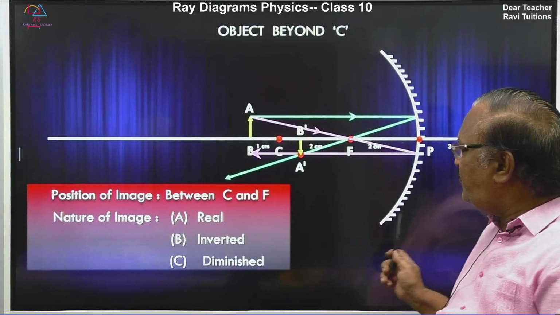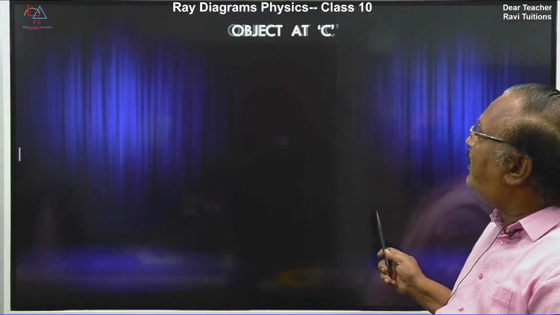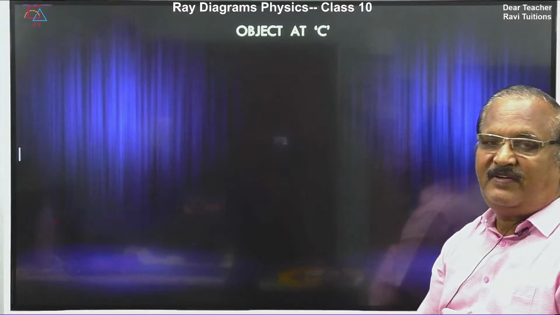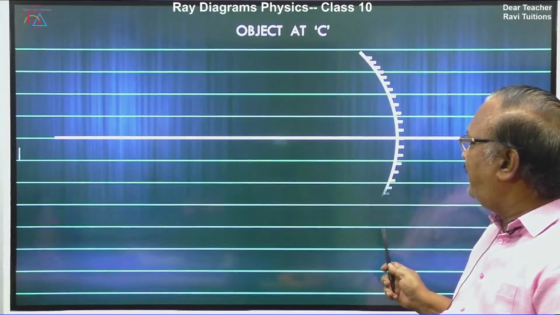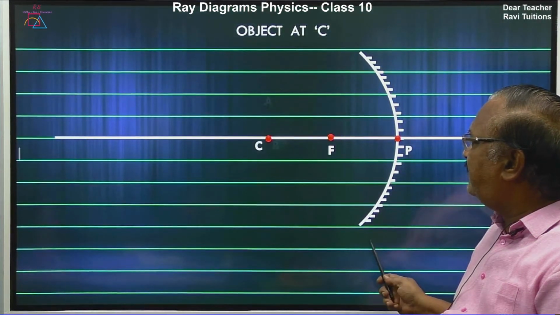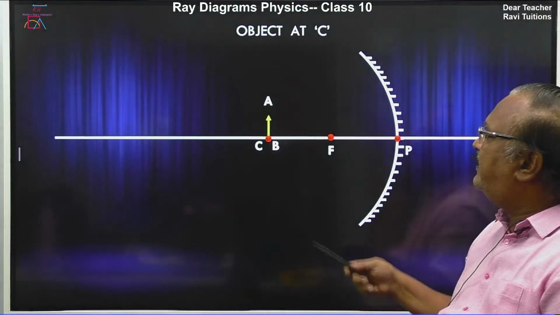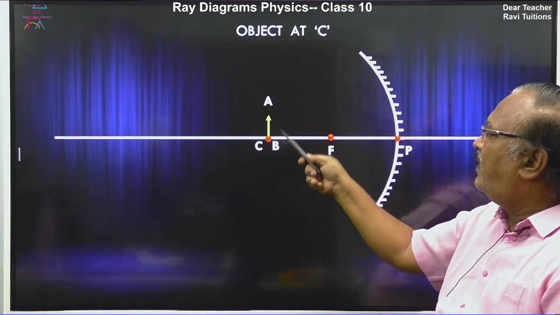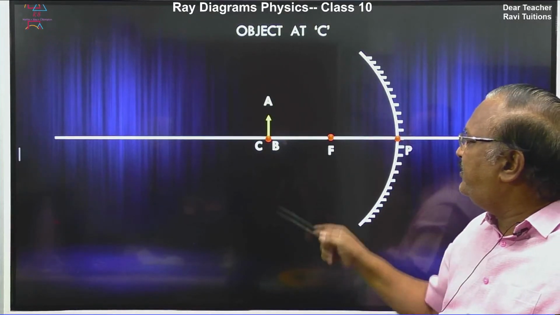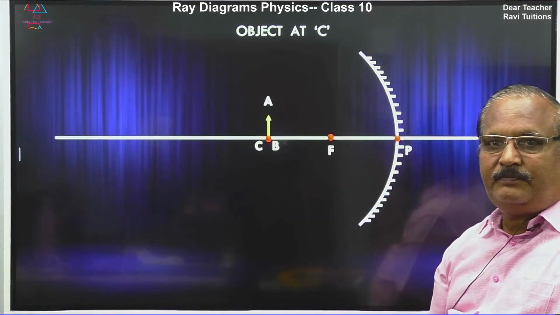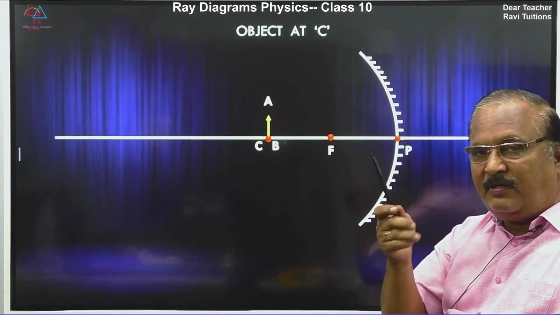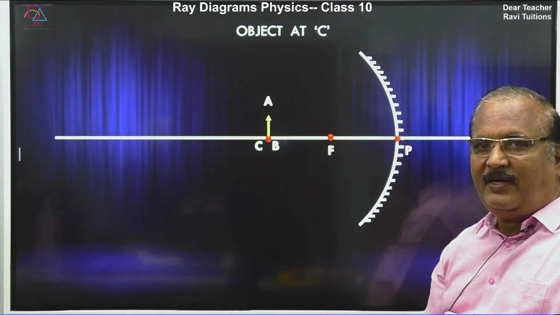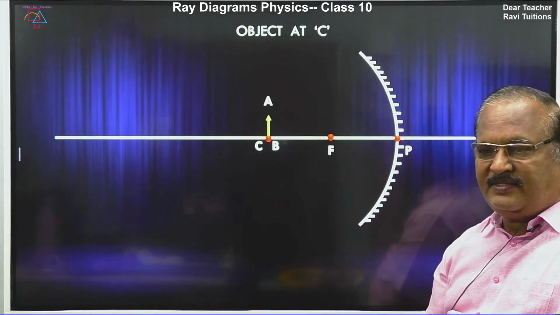Now let us go to one more object. Now the object is at C, the center of curvature. Draw the setup: concave mirror, pole, focus, center of curvature, and keep the object on the center of curvature. So this is AB. Here also the same concept applies.